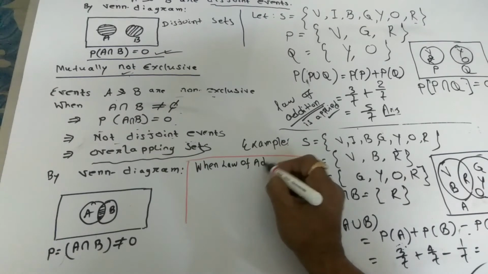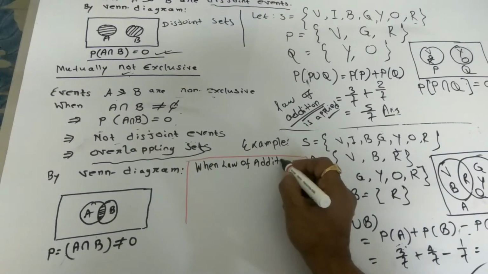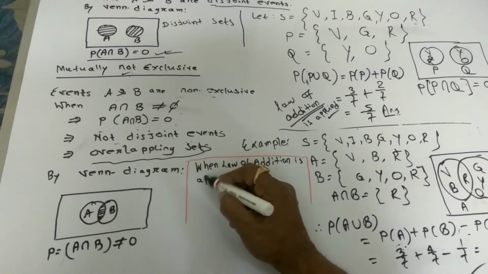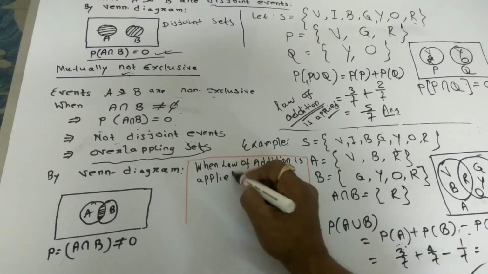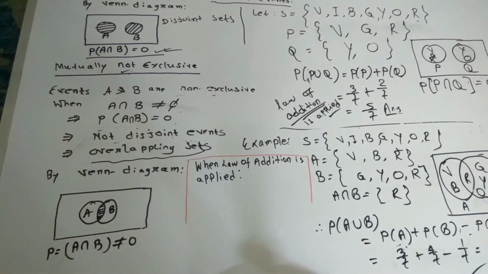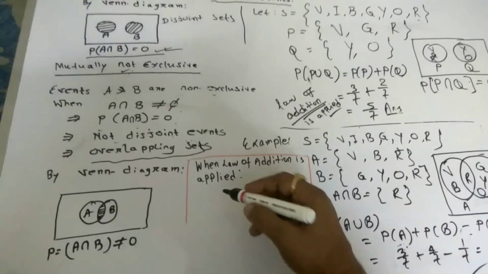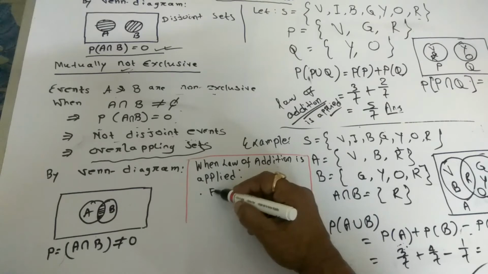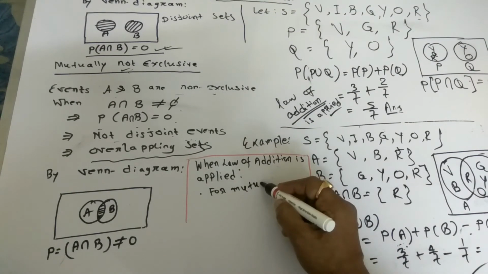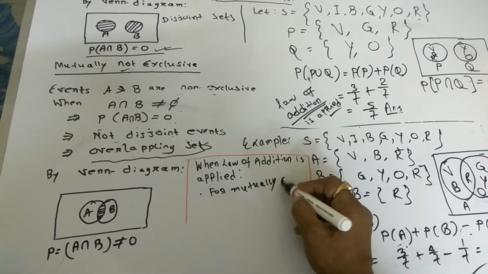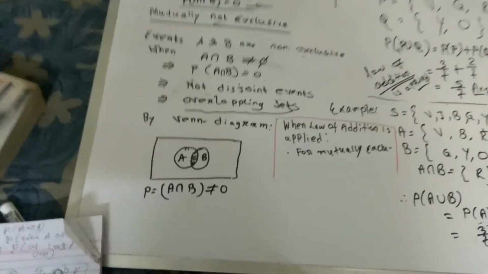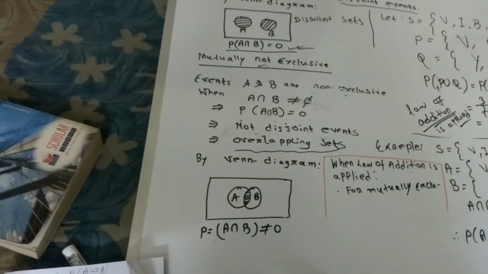Keep it in your mind very carefully. It is applied in the following cases. It will be very helpful for mutually and non-mutually exclusive events. If they are mutually or non-mutually exclusive, then apply this.